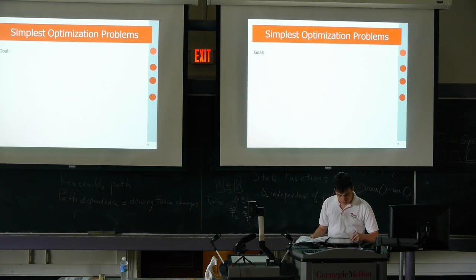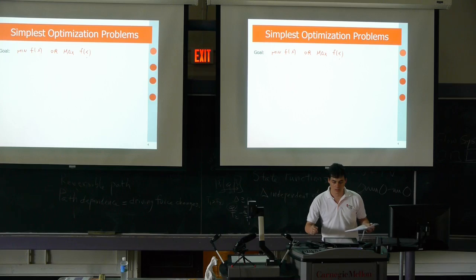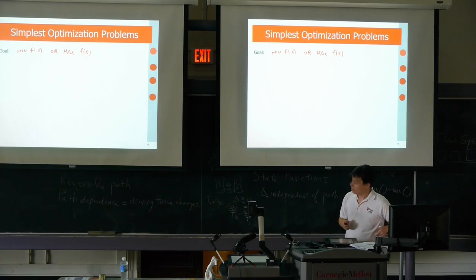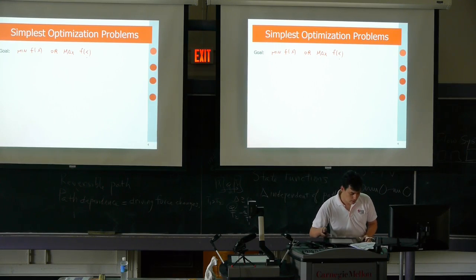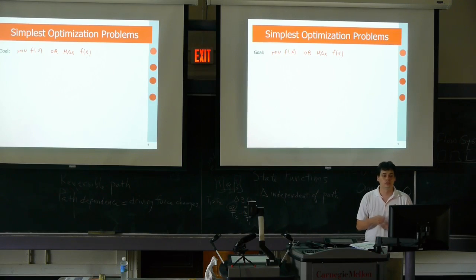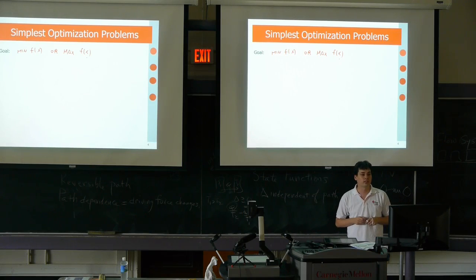We want to minimize the function f of x, or maximize the function f of x, and we want to discuss more and more complicated problems. So what's the simplest possible function you can think of that we need to minimize?